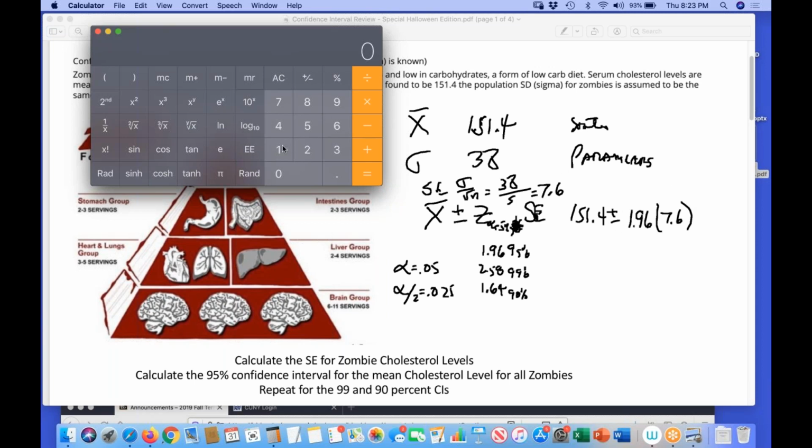Okay, so I'm going to take my 151.4 and subtract my margin of error, recall it and subtract it, and I get 136.5.